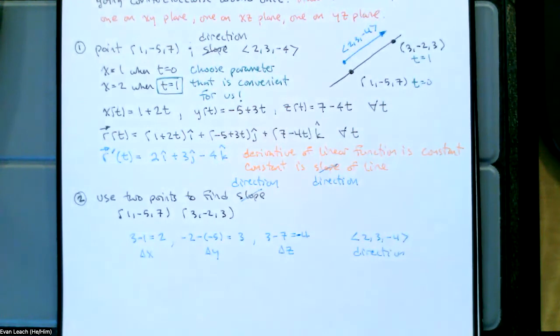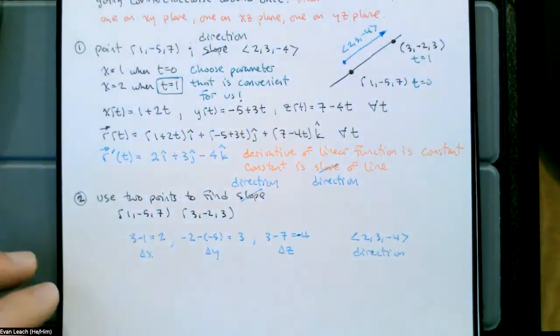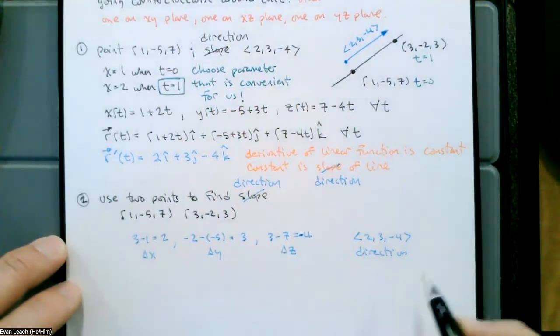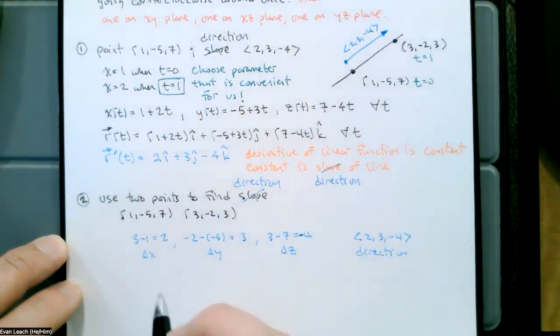Now I said we're starting off at (1, -5, 7) and ending up at (3, -2, 3). We're just building a line. It might be the case where you say, well, I start at (3, -2, 3) and end up at (1, -5, 7). That works out just the same. It would just be pointing in the opposite direction, which is parallel to our original direction. So that's totally okay.